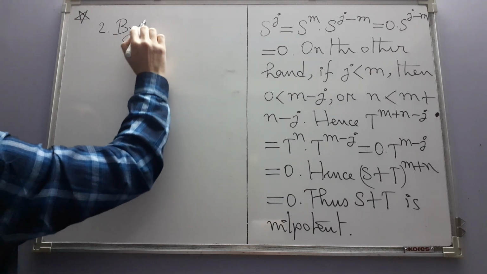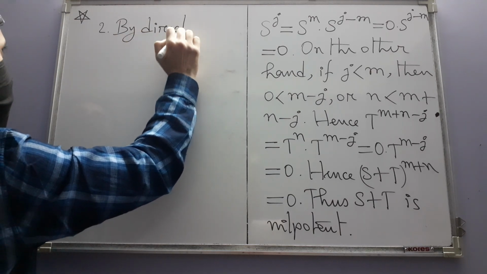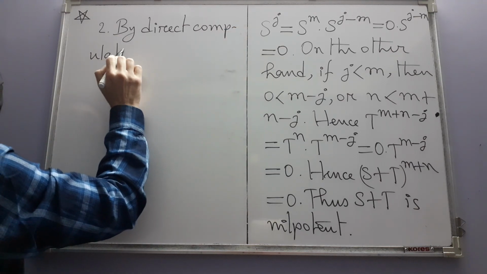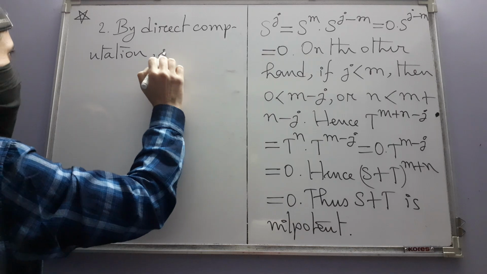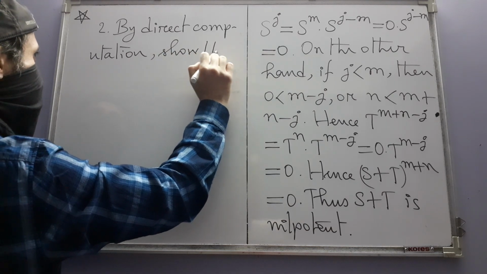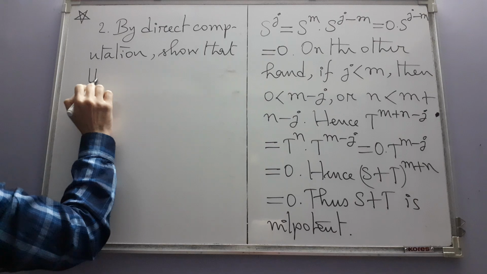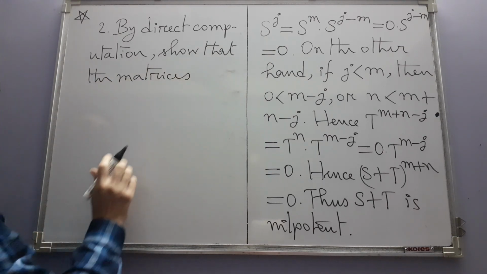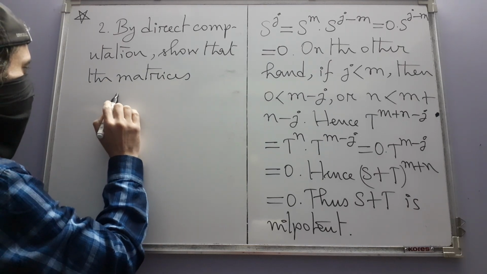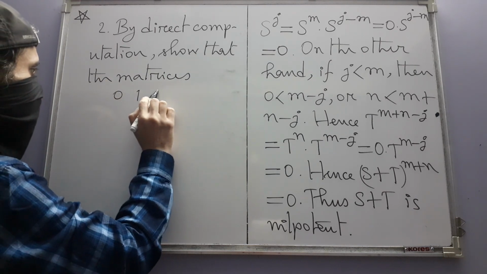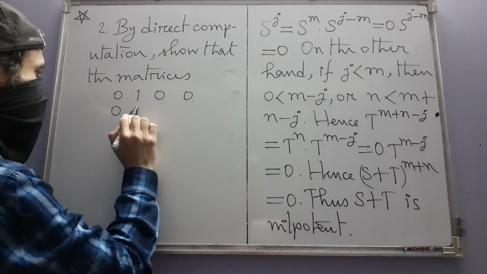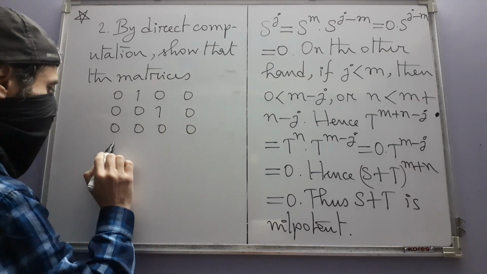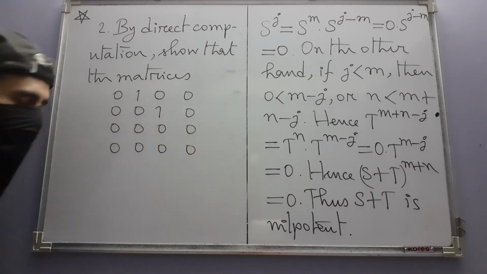By direct computation, show that the matrices, now I need to write the matrices, these are 4 by 4 matrices, 0, 1, 0, 0, 0, 0, 1, 0, 0, 0, 0, 0, 0, 0, 0, 0.